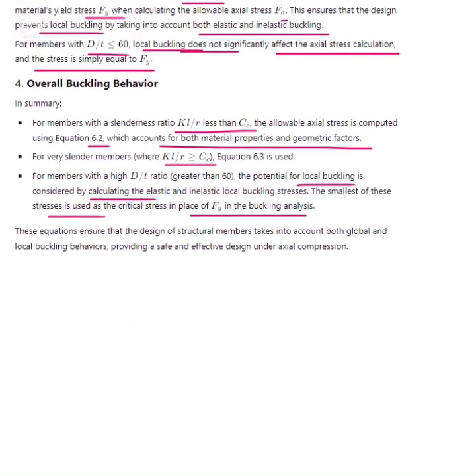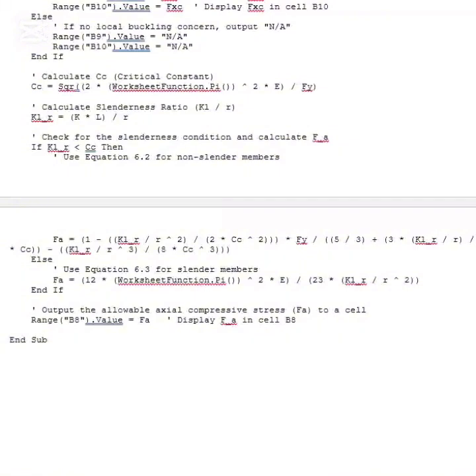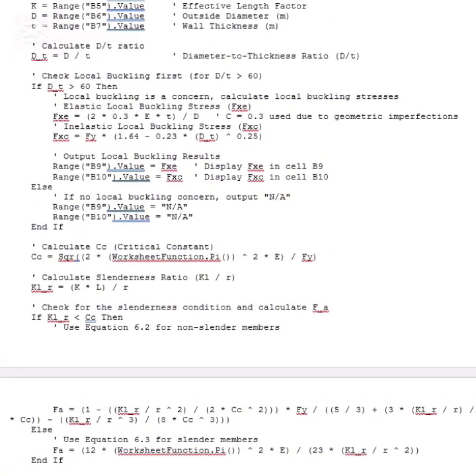This is the VBA code you can create. First we calculate the D/t ratio and check if it is greater than 60. If it is greater than 60, local buckling is a concern.